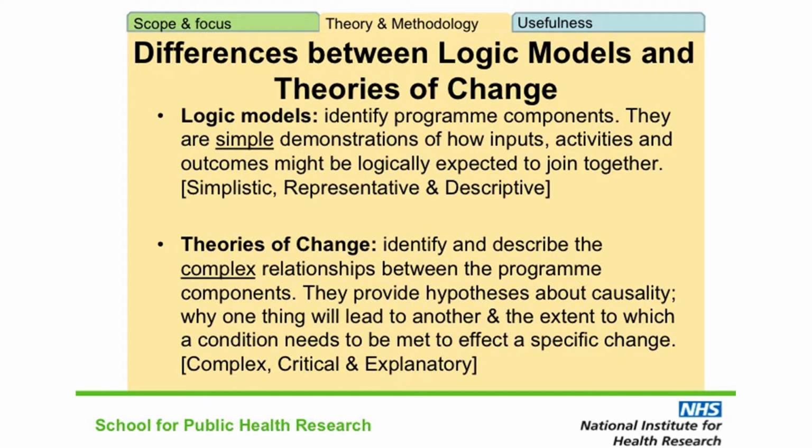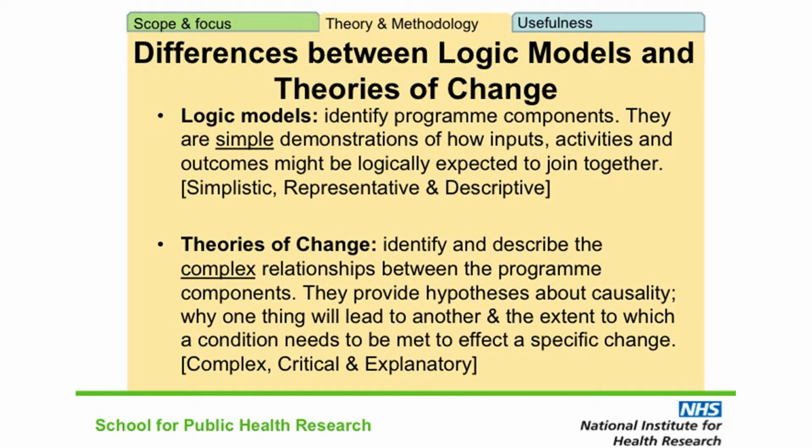Whereas logic models just identify the program components, theories of change identify and describe the complex relationships between the program components. Logic models are fairly simple demonstrations of how inputs, activities, and outcomes might be expected to join together, whereas theories of change provide hypotheses about causality.